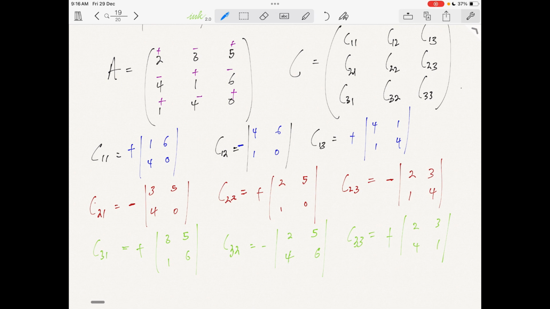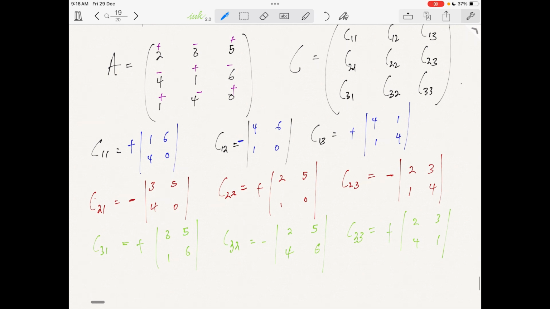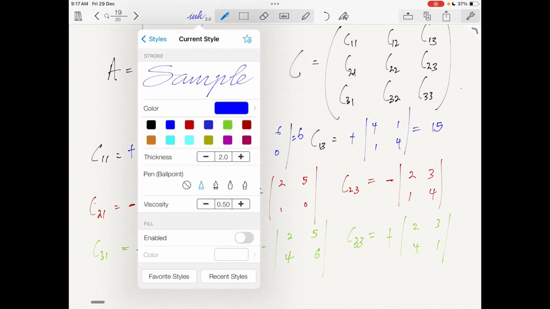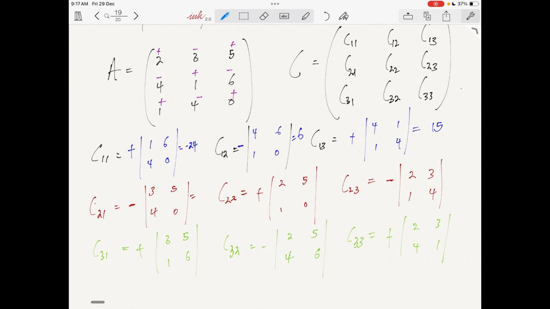The next thing we will do is to evaluate the determinants of each. We'll skip the steps and write out the final answers. The determinant here is 0 minus 24, which is minus 24. The determinant here is 0 minus 6, and multiplied by the minus outside, we have 6. The determinant here will be 15. Evaluating the next, we have 20, and we have minus 5 here, and minus 5 here.